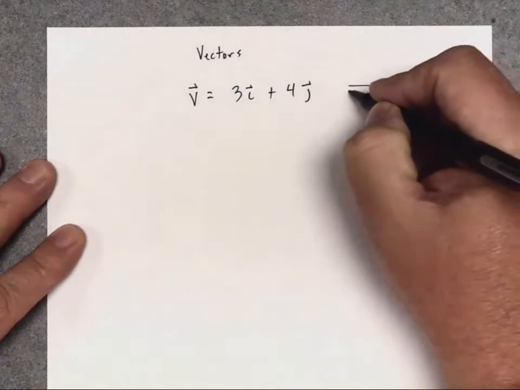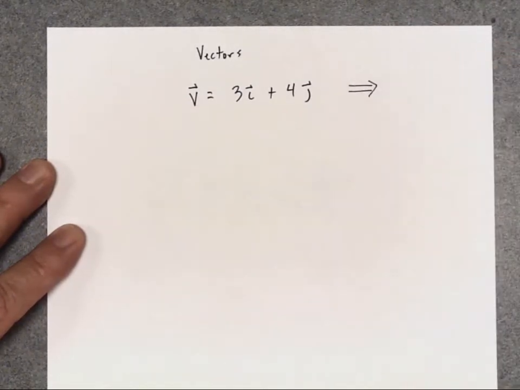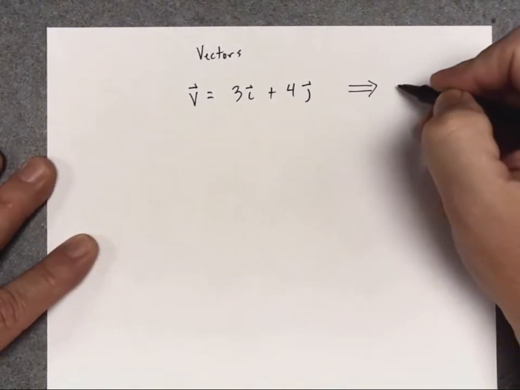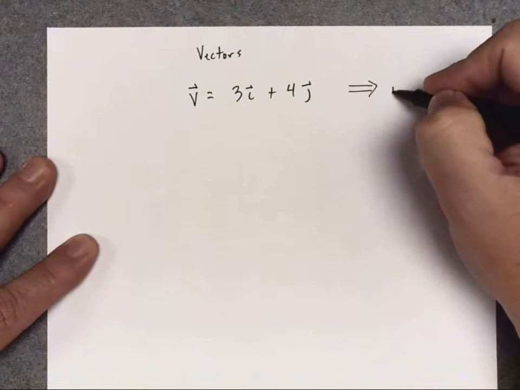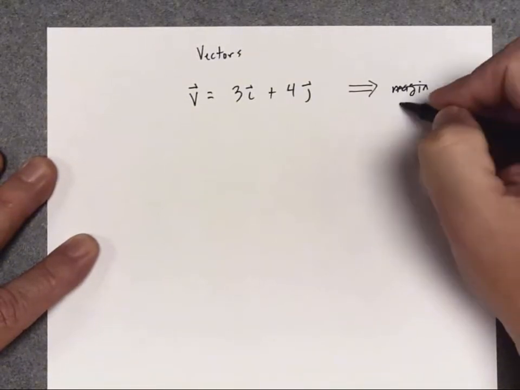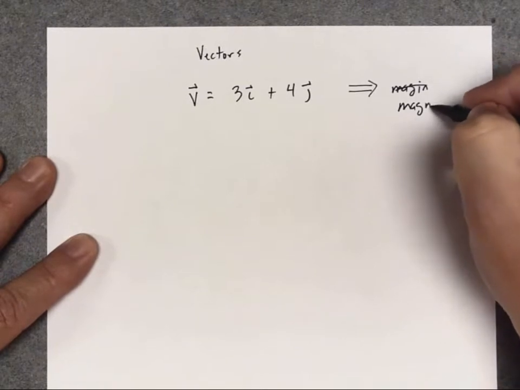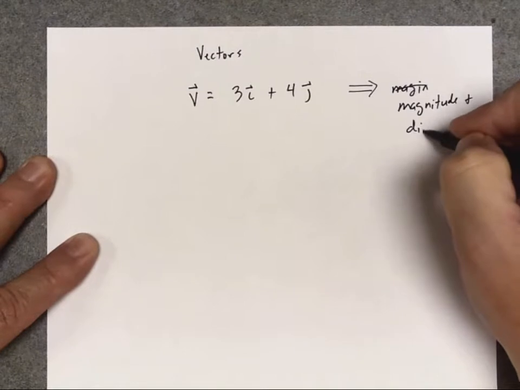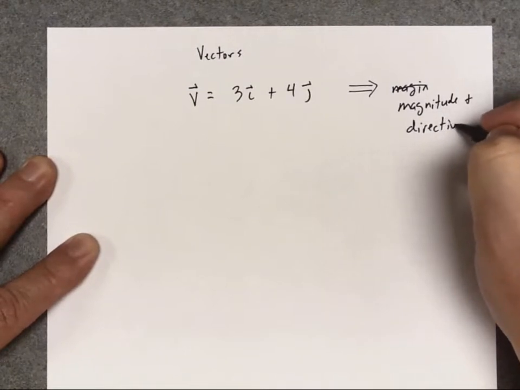But my goal really is ultimately to take this vector v and to rewrite it and to express the vector in terms of the magnitude, I can't spell, the magnitude and direction of the vector.